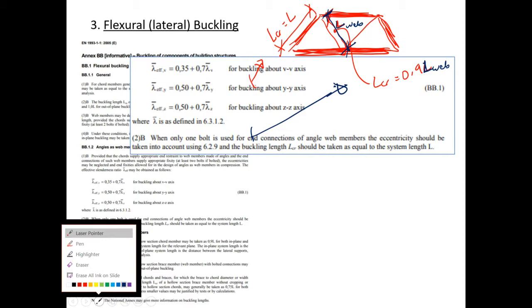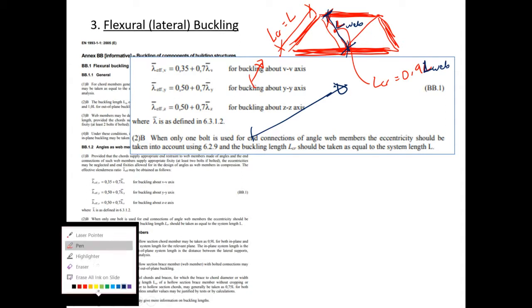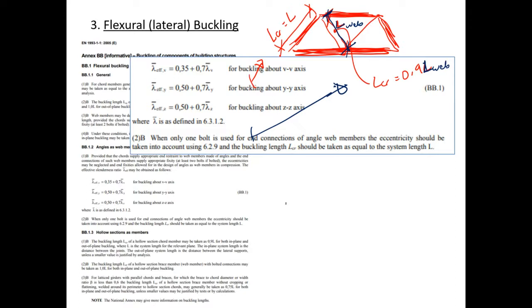Okay, so if we have a hollow section in there, sorry, the whole thing is frozen. So if we have a hollow section, again, it's part of a truss system. Okay, so this is a cross section XX.